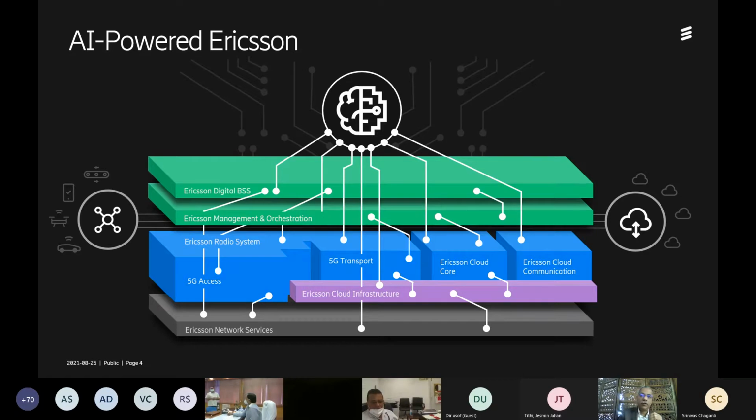We have shown at the top here, this half brain and half computer is the AI technology that one could be leveraging, and it touches the entire stack, whether you are talking about the customer angle, billing, charging kinds of systems, including customer engagement capabilities that you may be having here.